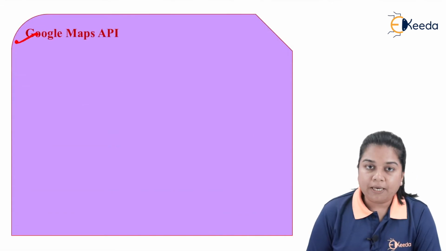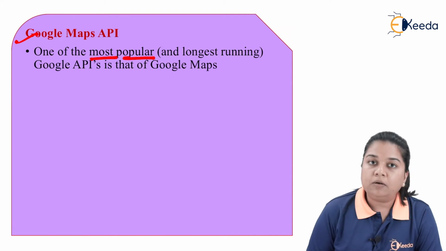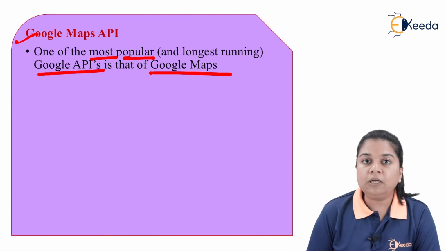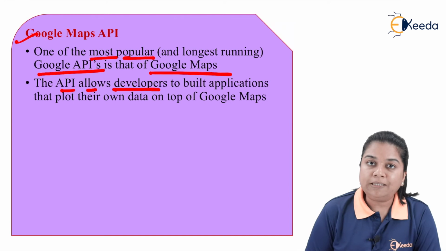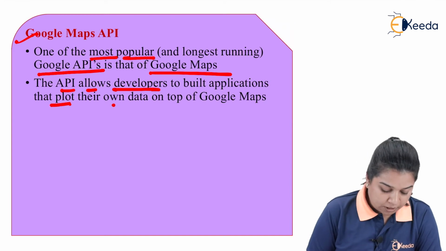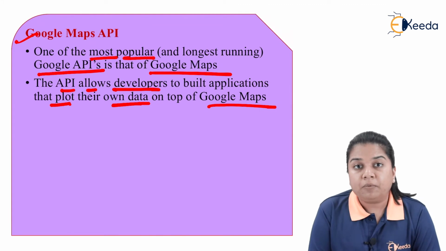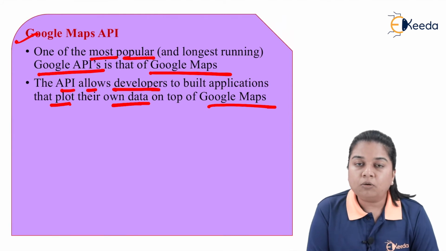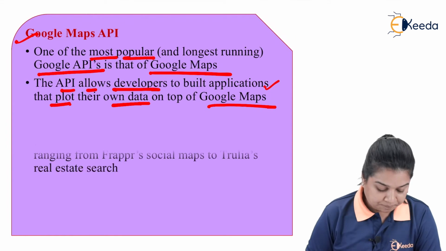Google Maps API. One of the most popular and longest running Google APIs is that of Google Maps. The API allows developers to build applications that plot their own data on top of Google Maps. That means this is how we can search for restaurants, petrol pumps, hotels, everything on Google Maps, because of this particular feature.